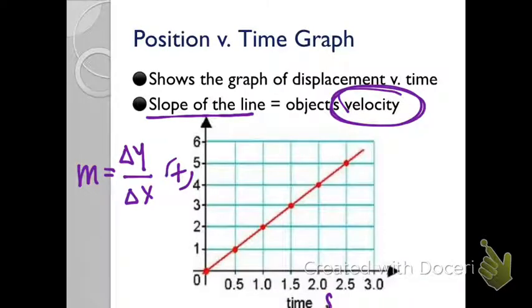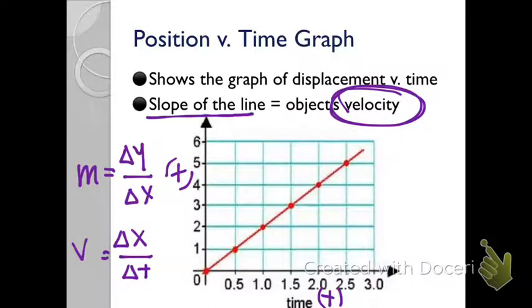This is time, which is t. So if I was going to calculate the slope, it'd be change in x over change in t, and that's equal to velocity, right? The equation for velocity is my change in displacement over change in time. So that's the reason why I see this slope of the line giving me my velocity value.